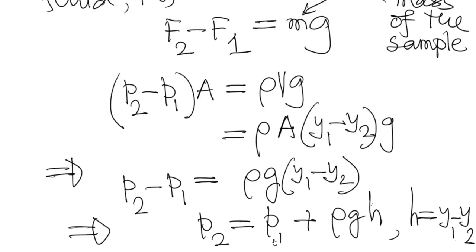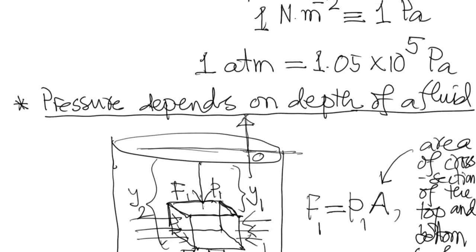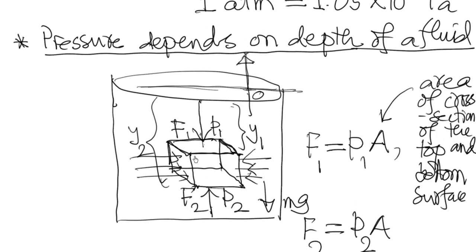Now in this relation, P2 equals P1 plus rho g h, the depth of the top face is y1 and the depth of the lower face is y2, so y1 minus y2 is the height of this sample fluid.